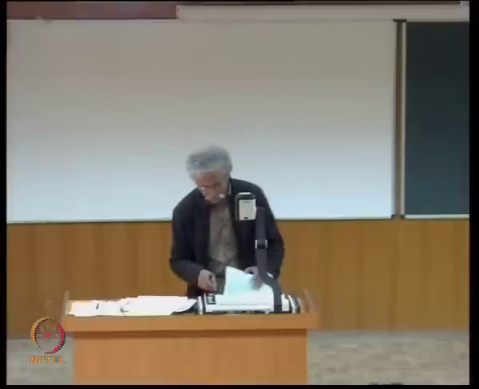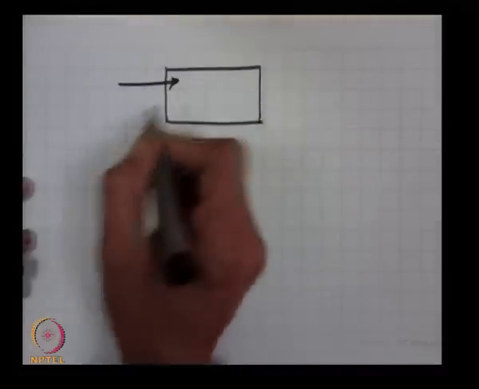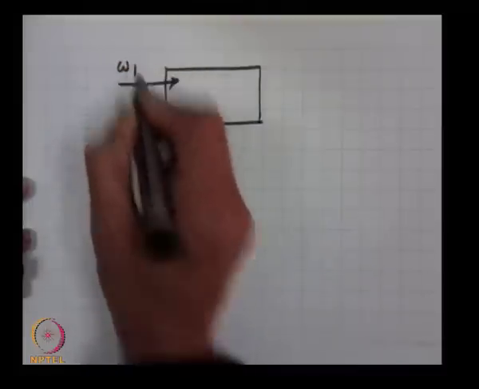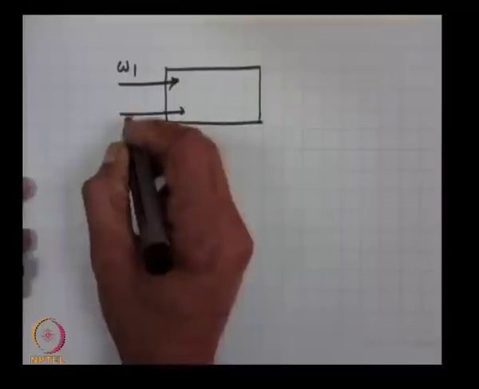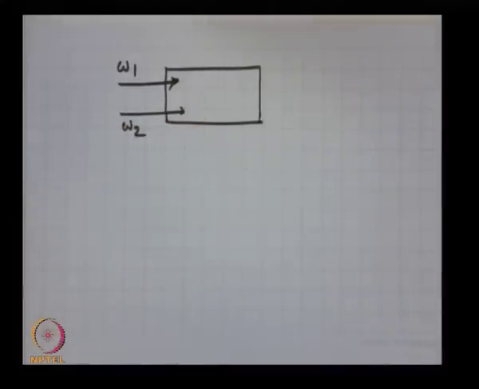Let me briefly introduce this other process, and we will do the mathematics in the next class. So the problem is the following: now I have omega 1 and omega 2 incident. Two waves at two frequencies are incident on the crystal.